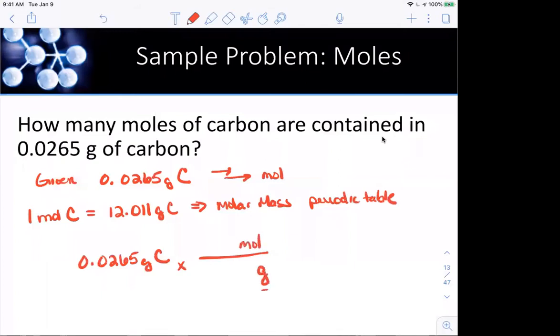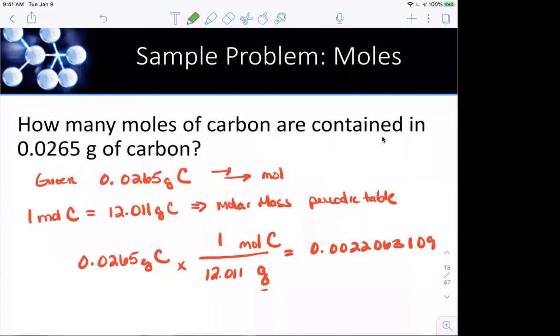So my gram is going to go on the bottom and my mole is going to be on the top. So 1 mole of carbon has a mass of 12.011 grams. So in my calculator, I'm going to go 0.0265 divided by 12.011, and I'm going to get 0.0022063109.